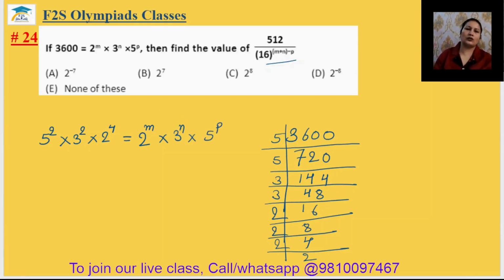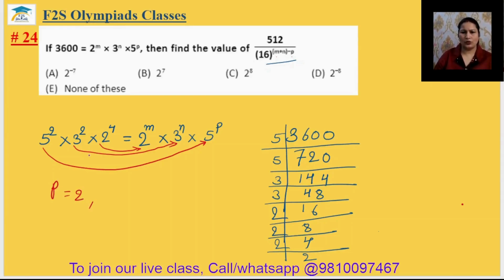So we can equalize the bases. p will be 2, n will be 2 and m will be 4. p equal to 2, n equal to 2, m equal to 4. Okay. Now m plus n minus p. m plus n is 6, minus 2, so it should be 4.